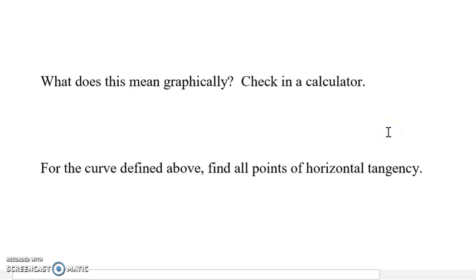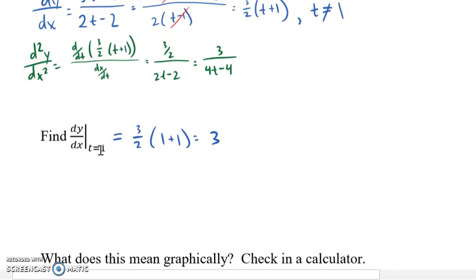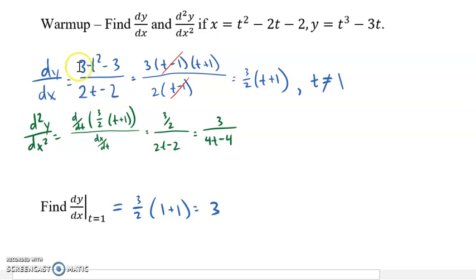How do we find that? Well, we're interested in when dy dx, which is the slope, is equal to 0. Okay, so the danger here is that we would set the numerator equal to 0 and get t equals 1 and t equals negative 1 as two different values of t that will cause that slope to equal 0.